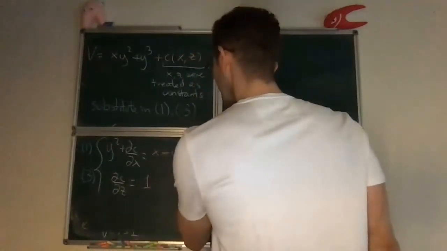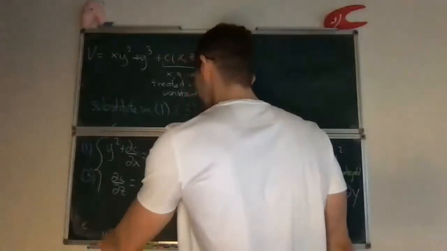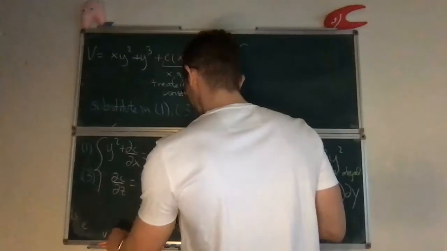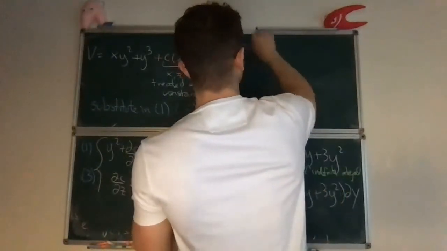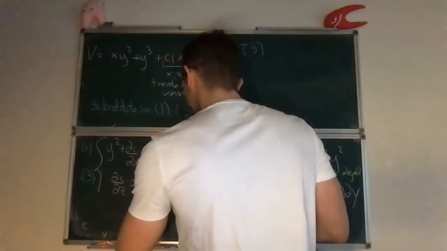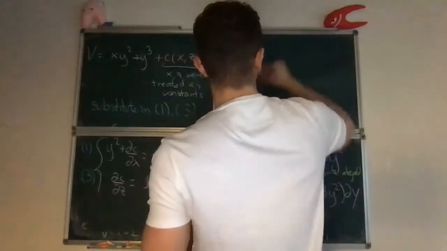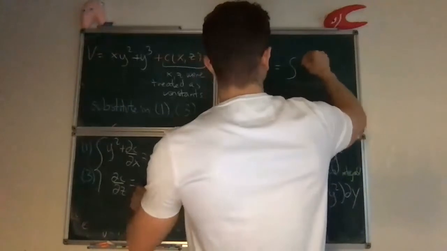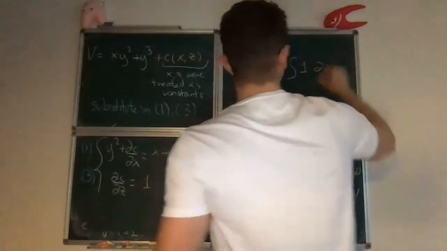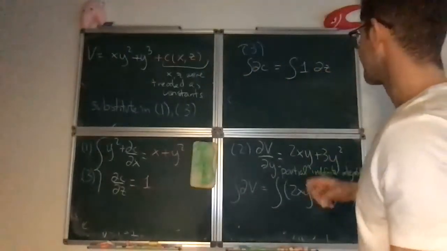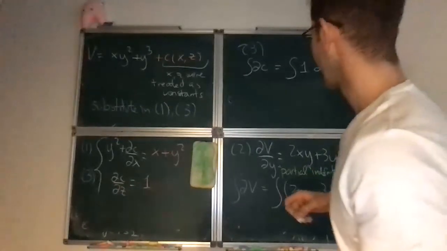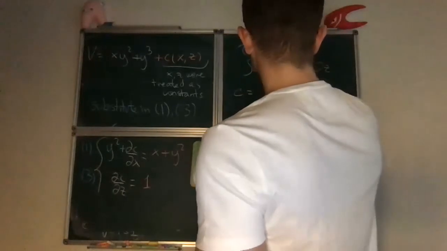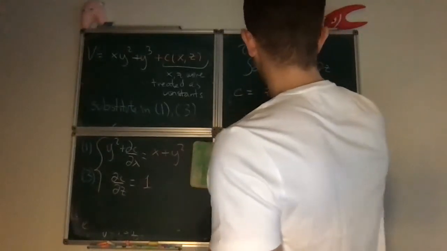And so let's solve this system. Again, you can start with 3. If you start with 3, then you're saying that the partial of c with respect to z equals 1. So you're integrating with respect to z. And so again, the left hand side just gives you c, and this gives you z plus a constant, right?